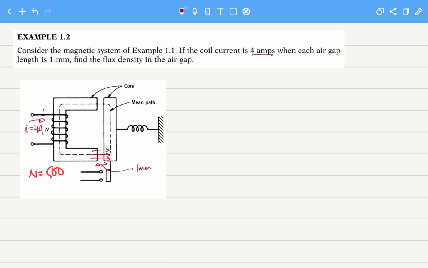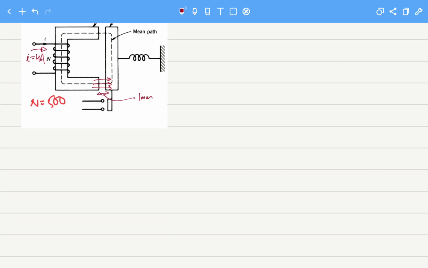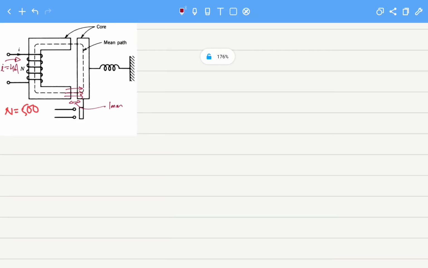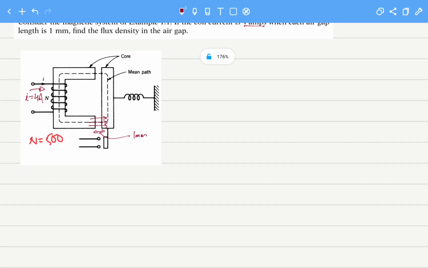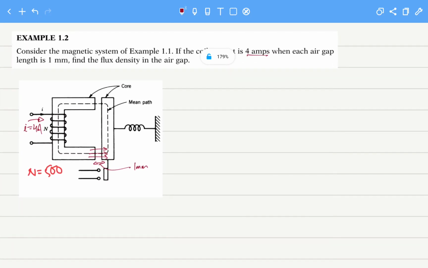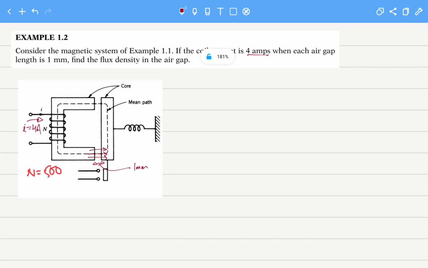Now this question, if you look at the book, has been approached by different methods: a trial and error method, and a load line method. But one method that I would like to propose here is also a simple method.